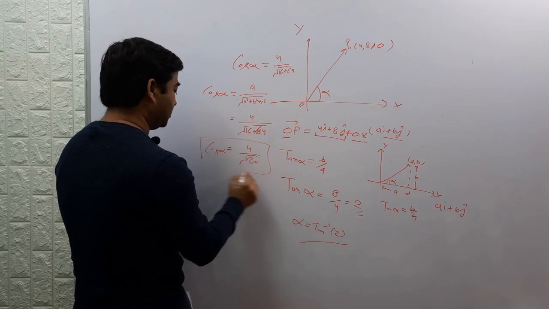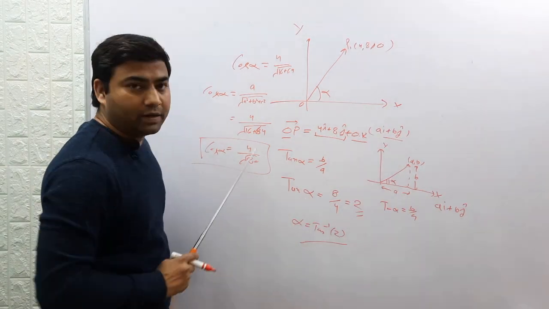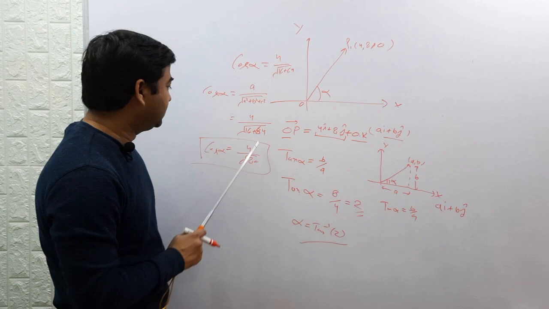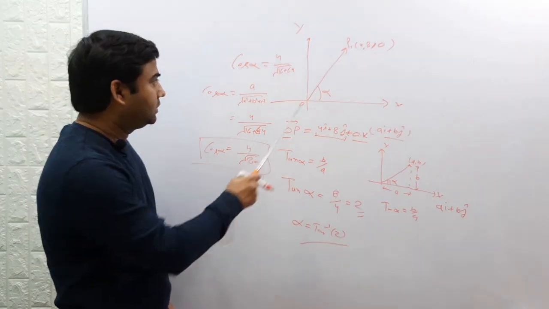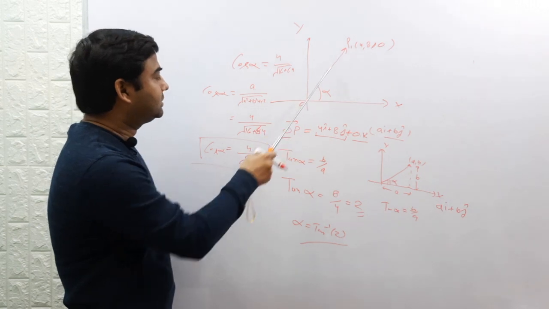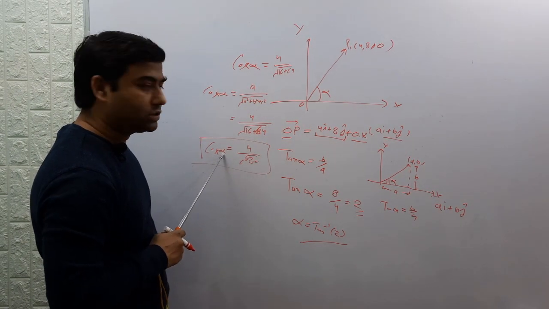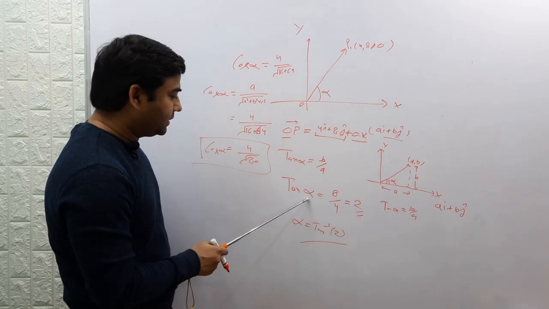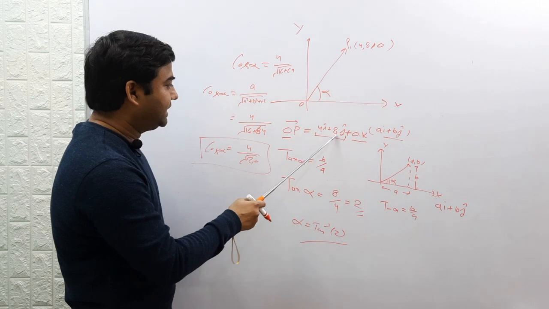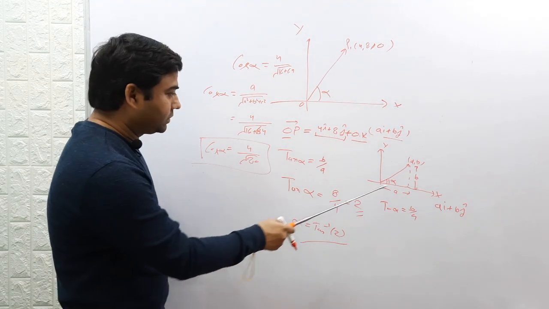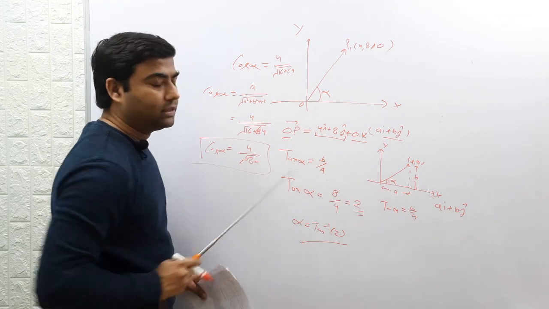This can also be used to find the direction, but generally we use the simple formula tan alpha, because here you have to use under root, which makes the expression more complicated. That under root will come in the formula of cos alpha, whereas for tan alpha you can directly use the coefficients of j and i. So the formula of tan alpha is simple, that is b by a.